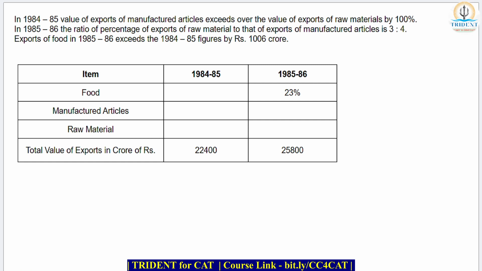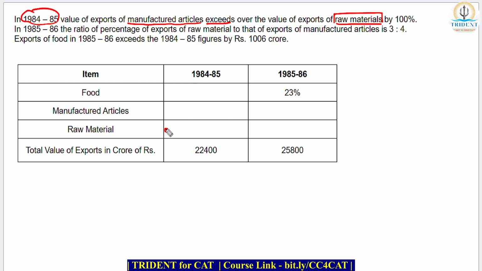The first line says, in 1984-85, the value of exports of manufactured articles, I am paying attention to these words manufactured article because they are given in this table, exceeds the value of raw materials by 100%. What does this mean?